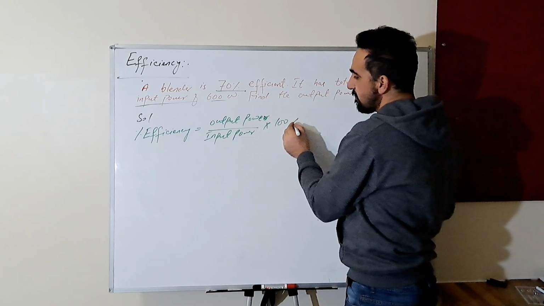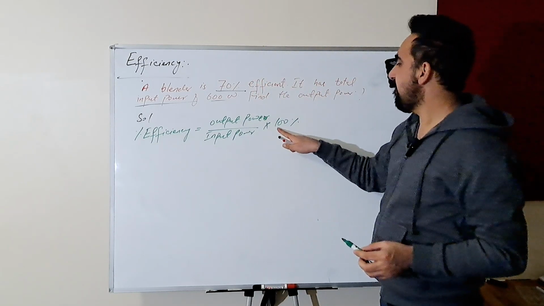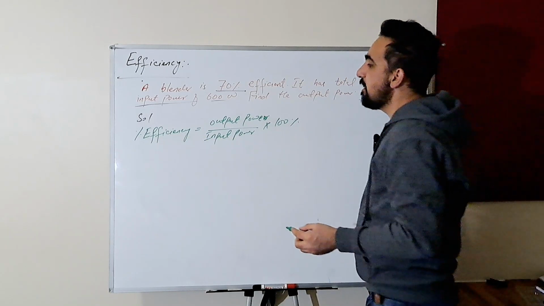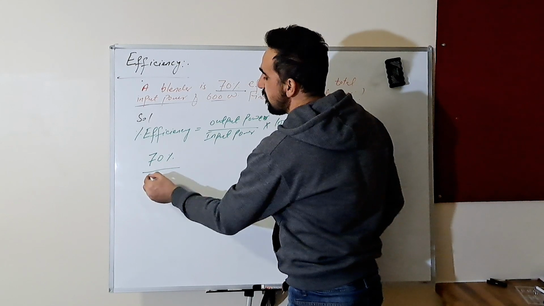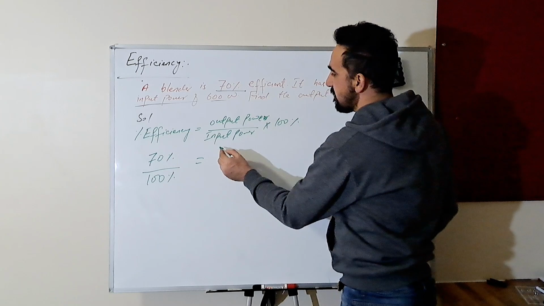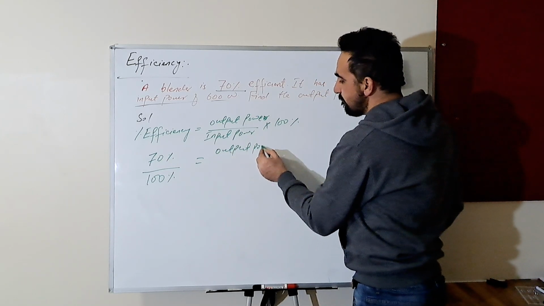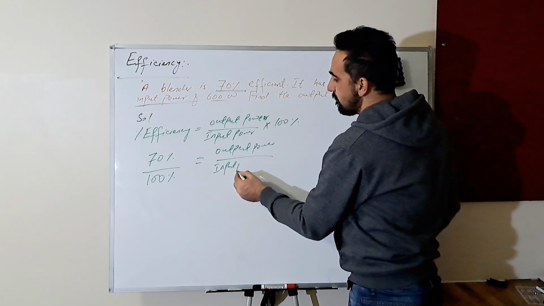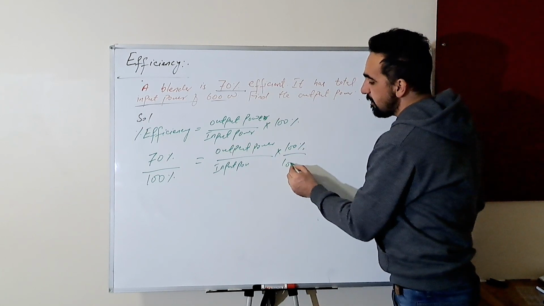times 100%. So if we divide both sides by 100, we can get rid of the percentage. So this is 70% divided by 100, which is equal to output power divided by input power, multiplied by 100% divided by 100%.